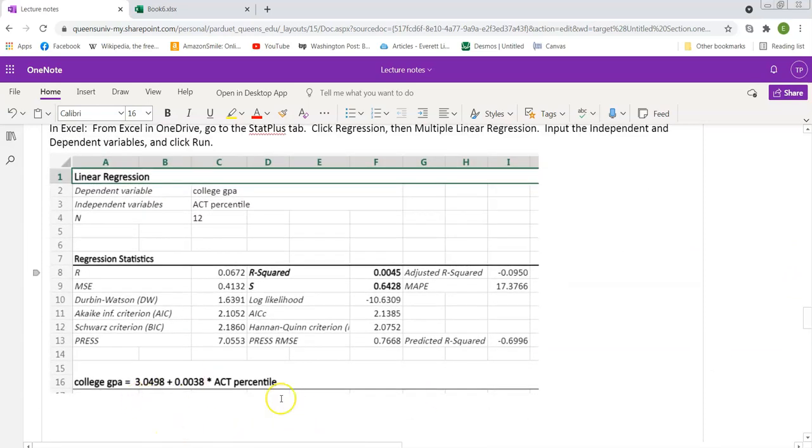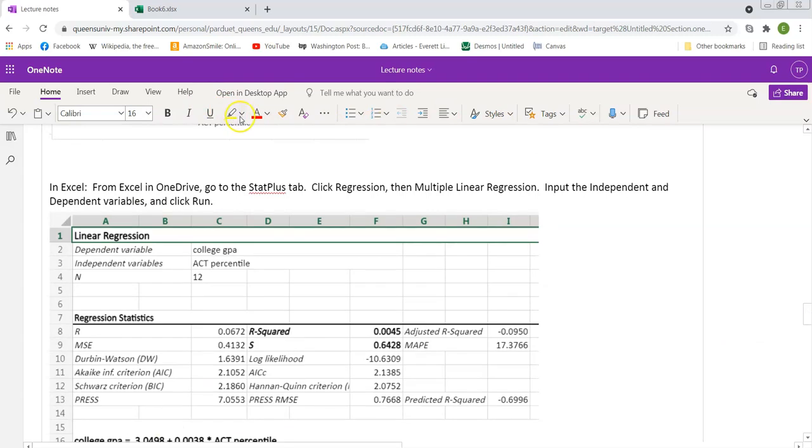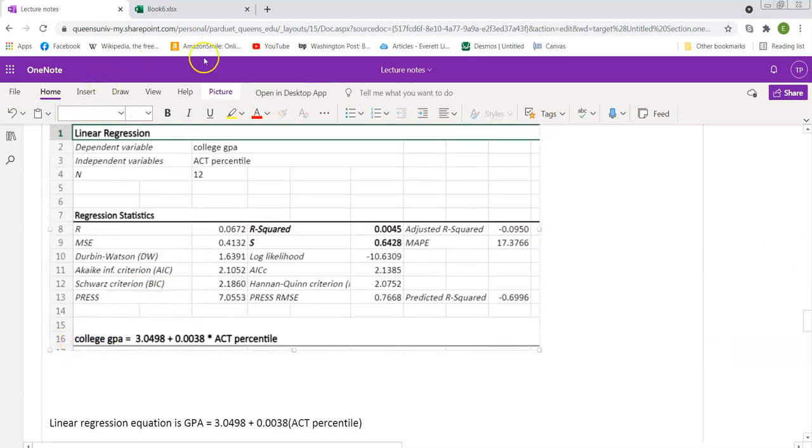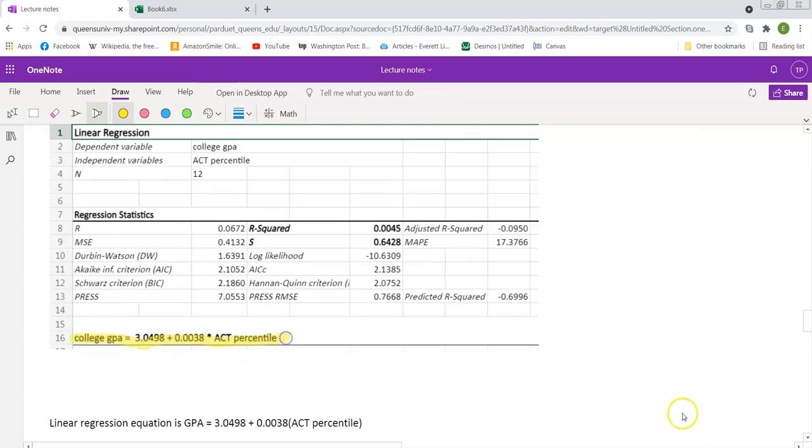And it just tells you right down here at the bottom that college GPA is 3.0498, so that's our Y-intercept, plus 0.0038 times ACT percentile.